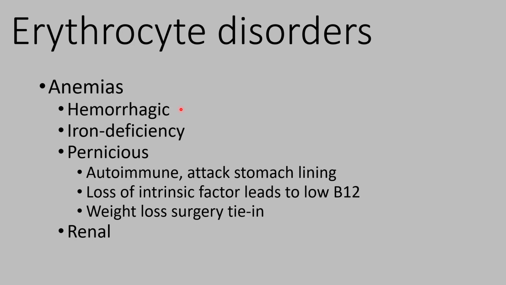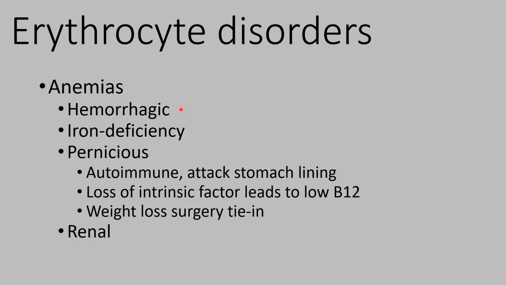Intrinsic factor is what is needed for your body to absorb B12, which is tied into iron handling and, like we said, DNA synthesis. So low iron, low B12, low intrinsic factor, all of that together, you can't make hemoglobin.